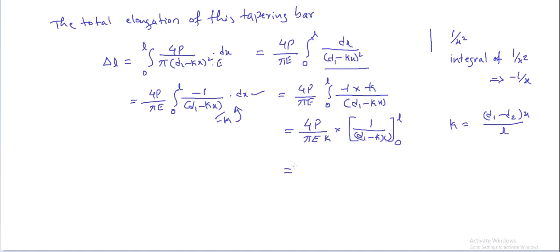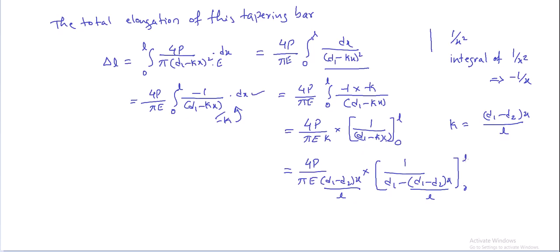So here, this is 4P by pi times E, k is (d1 minus d2) divided by L, times 1 by (d1 minus d2 times x by L), from 0 to L.